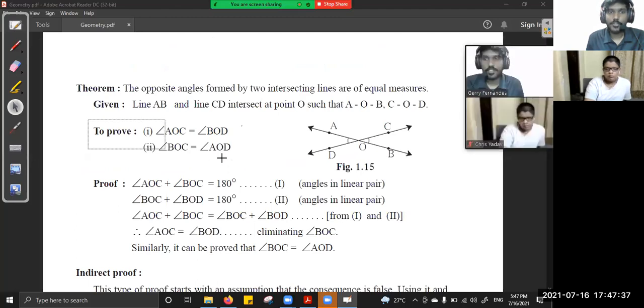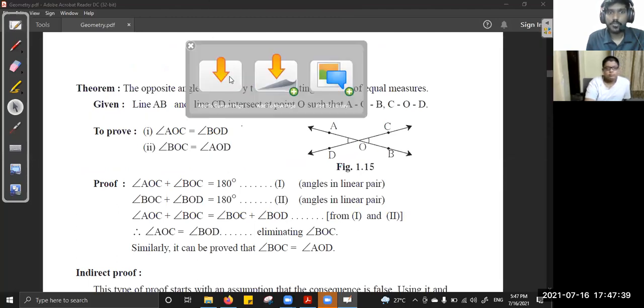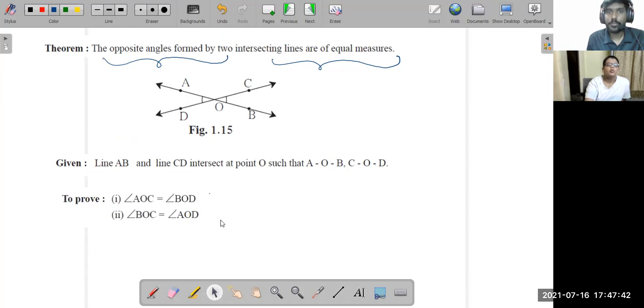Next, you have to write what to prove. Now, what do you have to prove? The opposite angles are equal. You have to prove that. Now, which are the opposite angles? The first is angle AOD and angle COB.